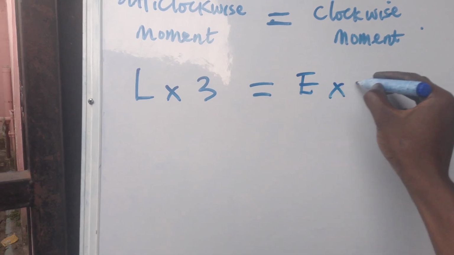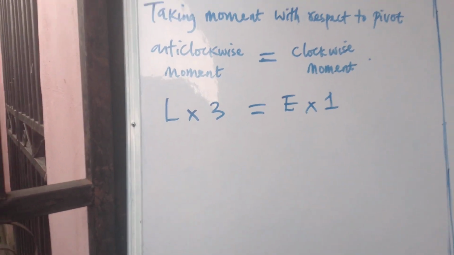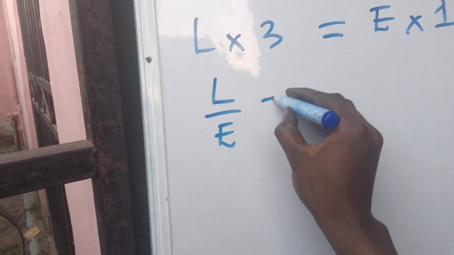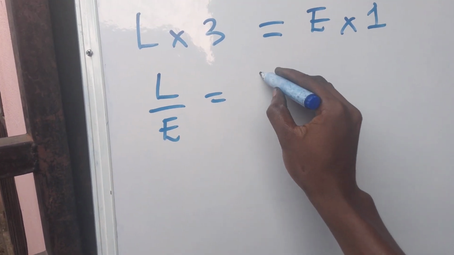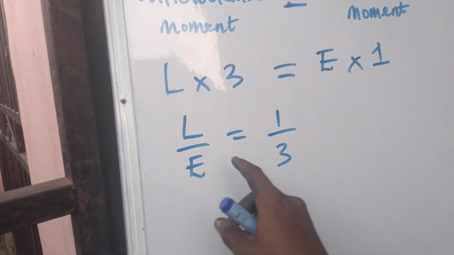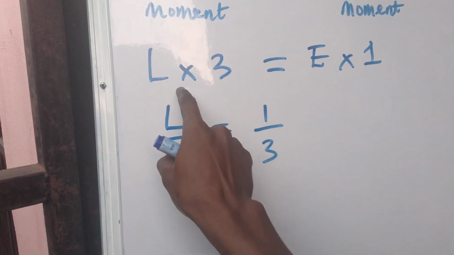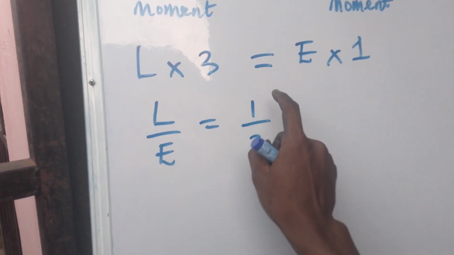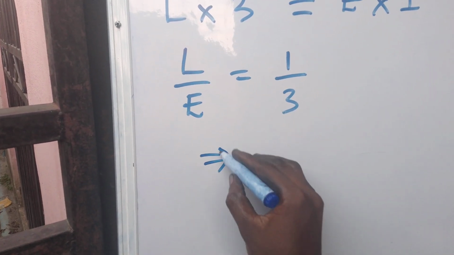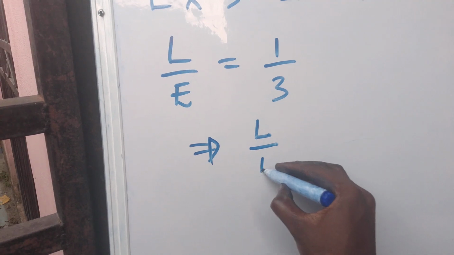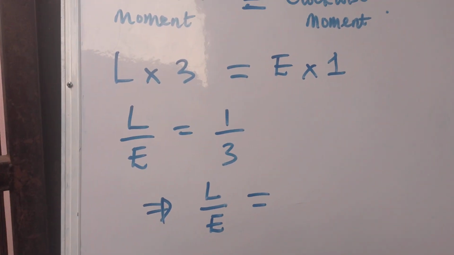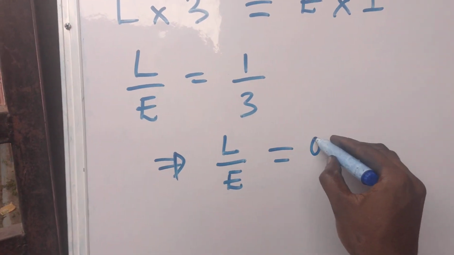E times 1. So now it means that load over effort will be equal to 1 over 3. That is, L times 3 is equal to E times 1. So load over effort is 1 divided by 3, which gives me 0.33.